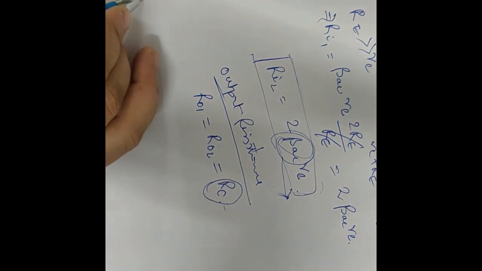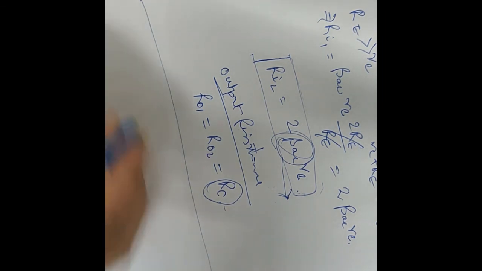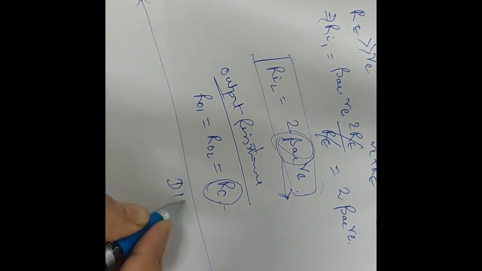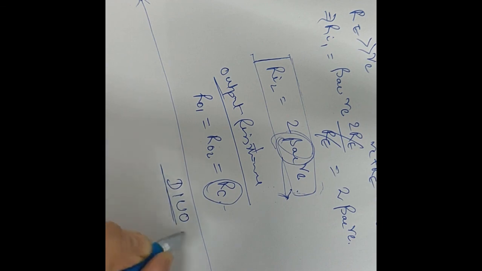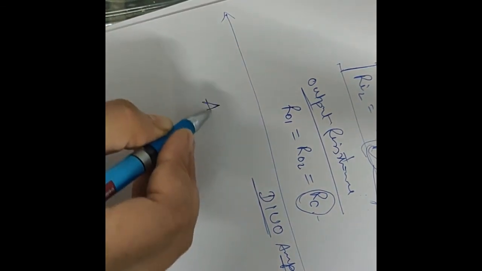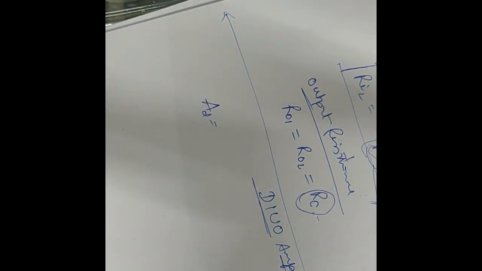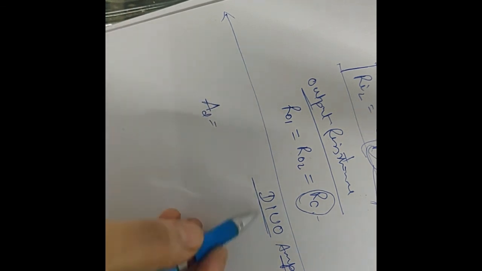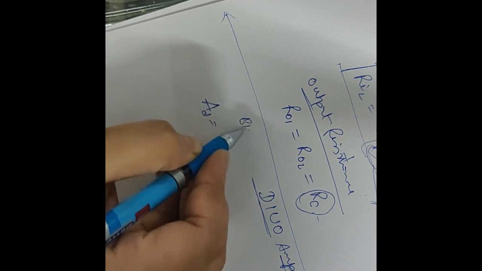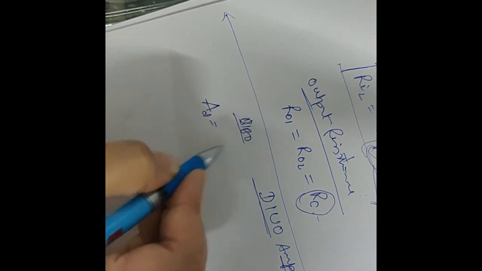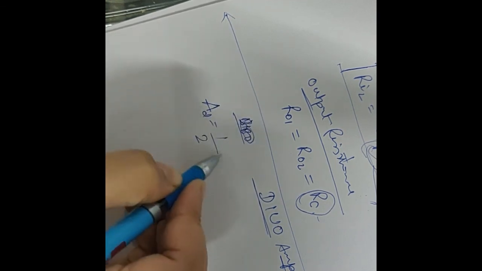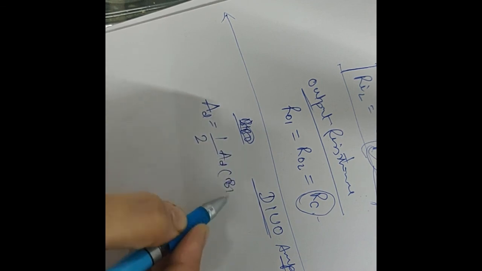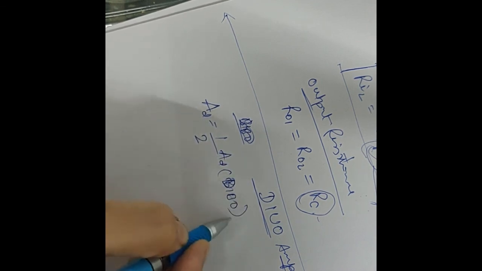Now, a similar calculation can be performed for the dual input unbalanced output amplifier, and in this expression you will observe that the voltage gain is half of the voltage gain we measured in the dual input balanced output configuration.